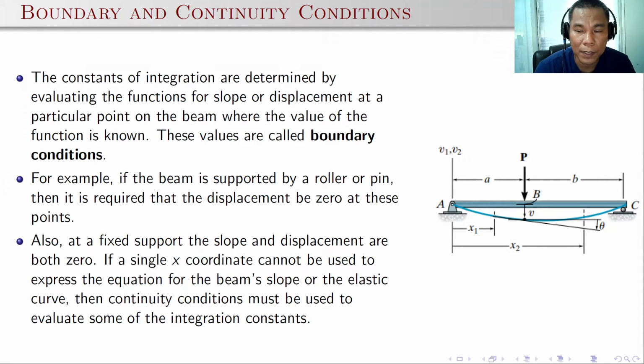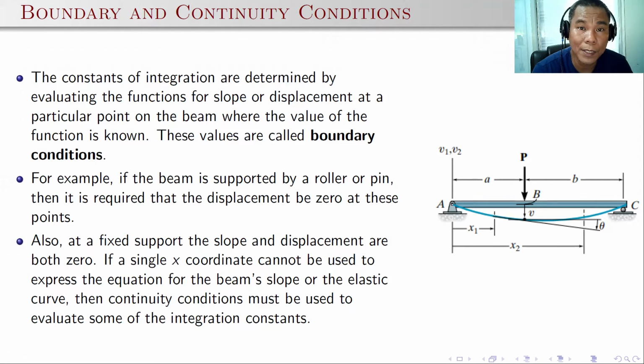For example, for this beam, we have support A. Since this is a hinge support, it restricts translation in the x and y directions. So there will be no deflection at point A, where x1 equals 0.